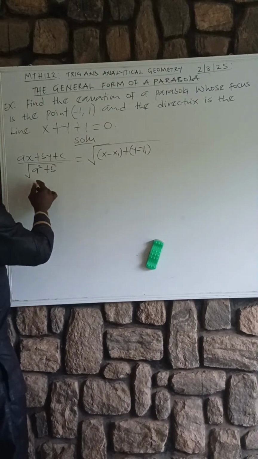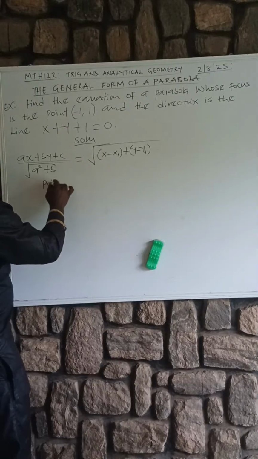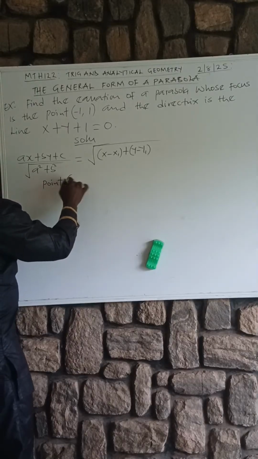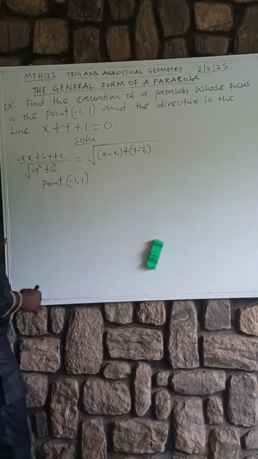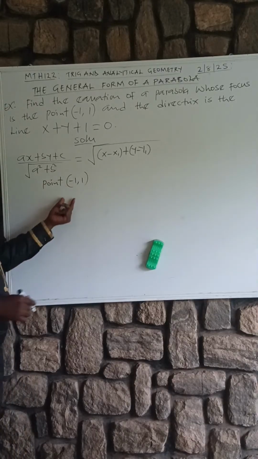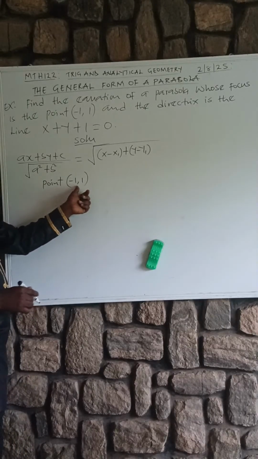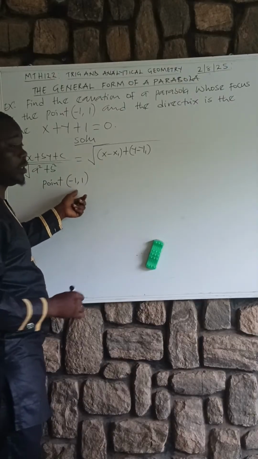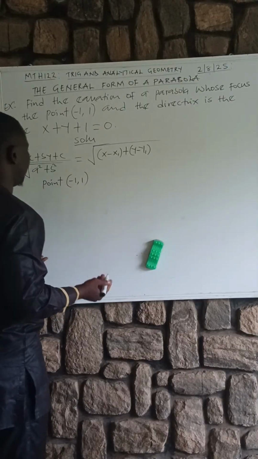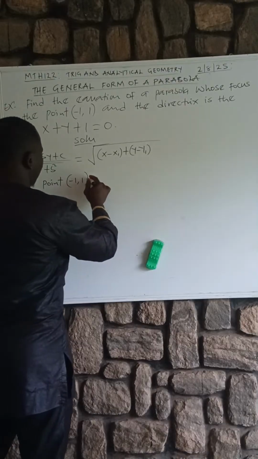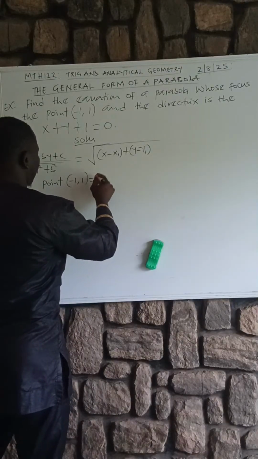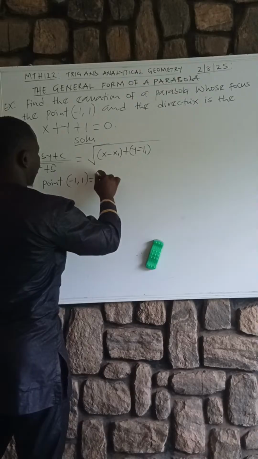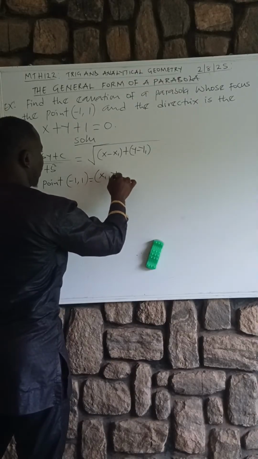So these are the points. The point is (-1, 1). The points are just the same thing as coordinates, true or false. You don't need a prophet to tell you this is the same thing as (x1, y1).